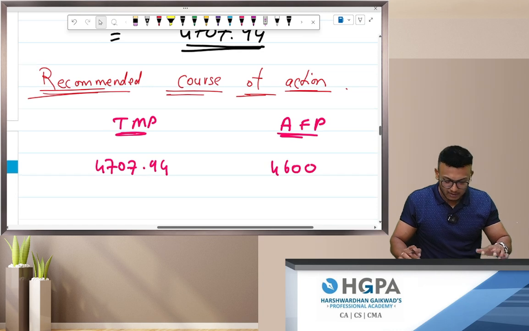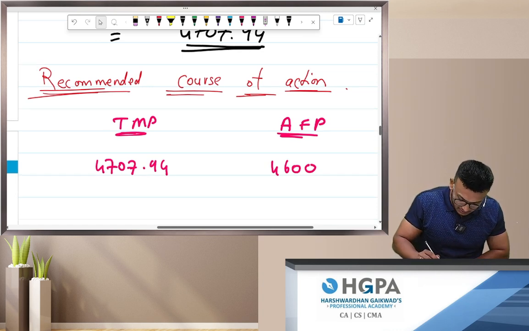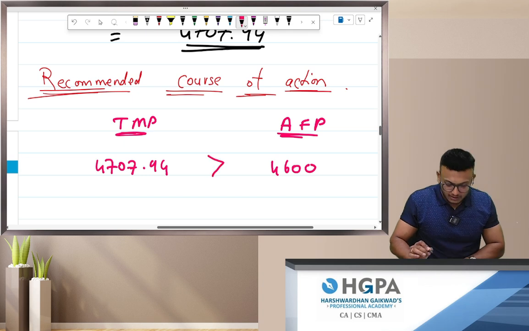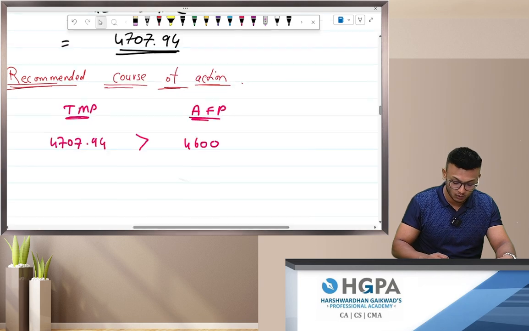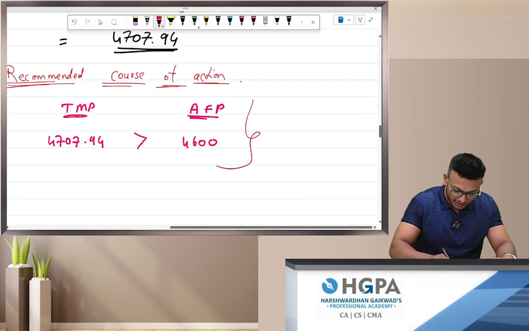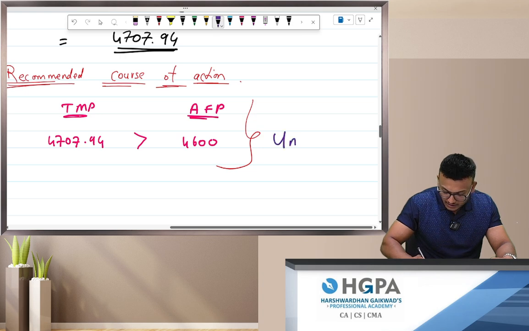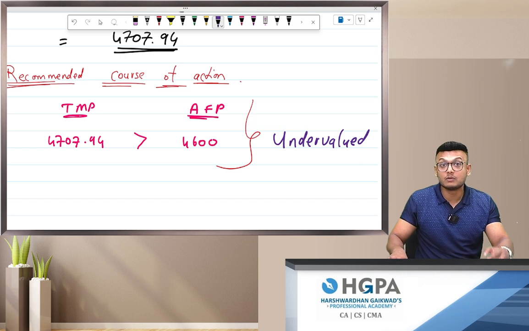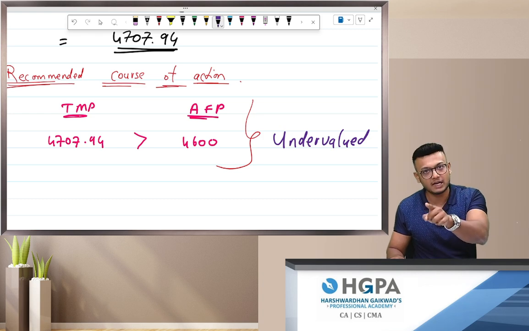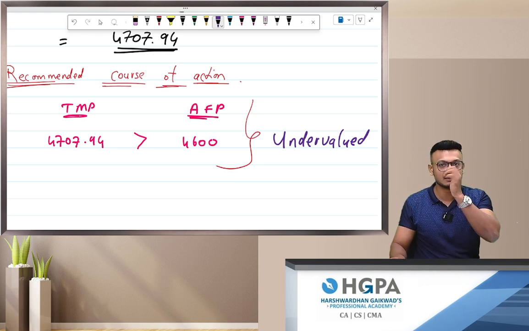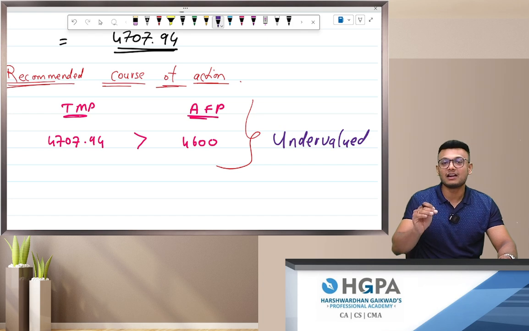Ladies and gentlemen, I want the answers from you. Greater. This means the actual futures price is lower. Can I write one thing here? This is undervalued. Always pay attention to the futures price: if it is higher it is overvalued, if it is lower it is undervalued. If it is undervalued, I've already told you the recommended course of action.